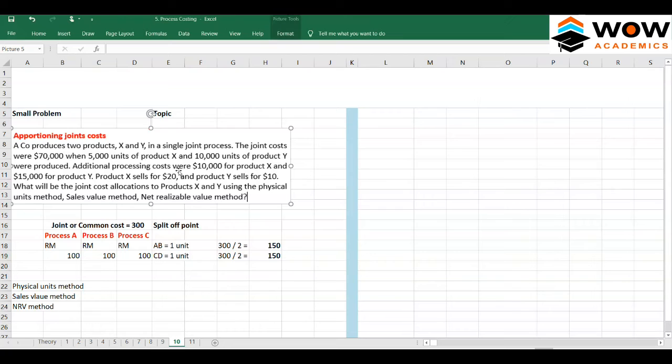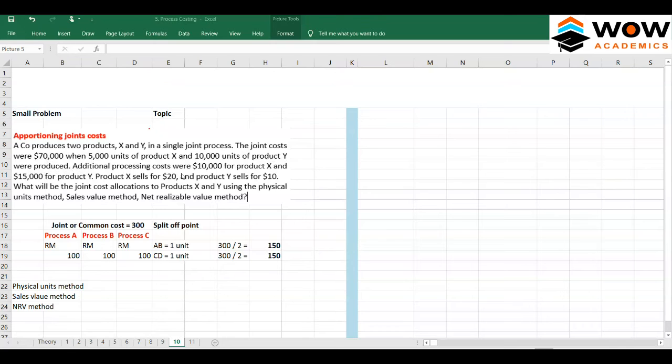So we'll work out this sum. If you take this sum here, A Co produces two products X and Y in a single joint process. The joint costs were when 5,000 units of product X and 10,000 units of product Y were produced.